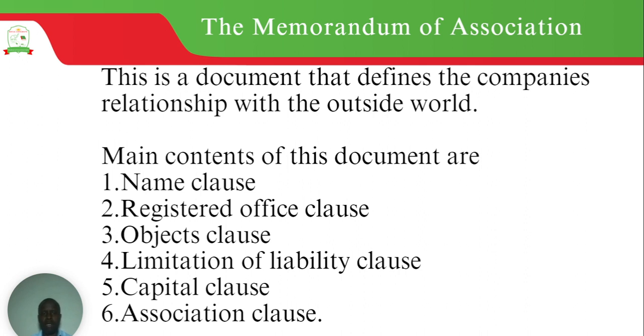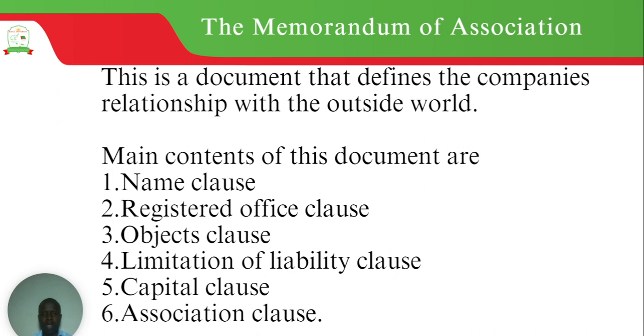The object clause is very important because it states the purpose in which the company exists. And once you state the purpose of the existence of the company, then you are expected by the company law to stick to those particular objectives. And that is key for you to note.